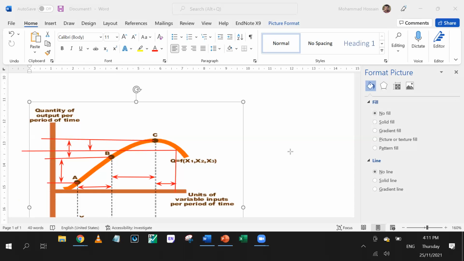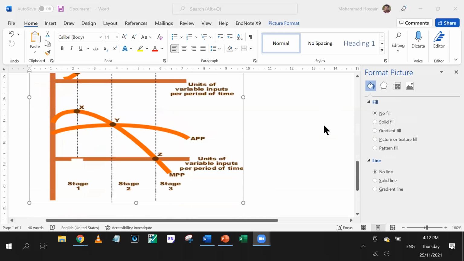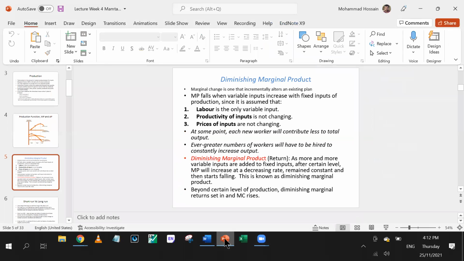Now, why does that happen? It happens because of diminishing marginal return. What is diminishing marginal return? Let's have a look. Diminishing marginal return means that as more and more variable inputs are added to fixed units, after a certain level, marginal product will increase at a decreasing rate, remain constant, and then start falling.